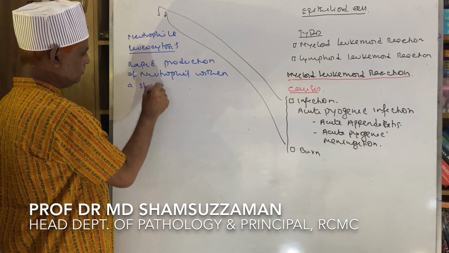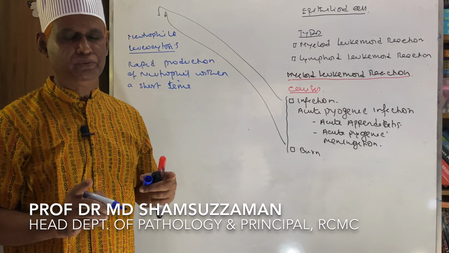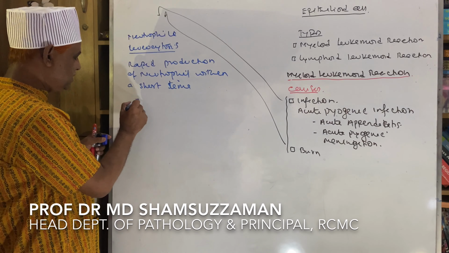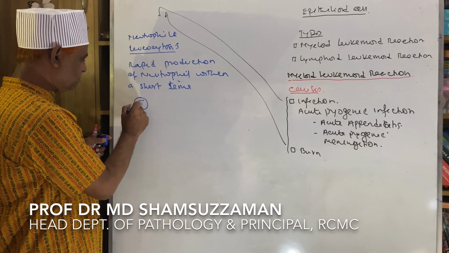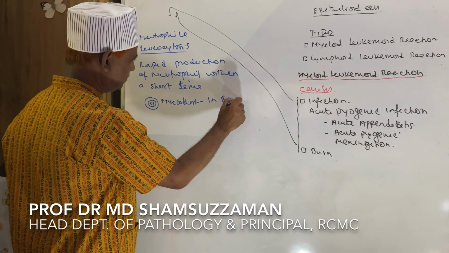Dear audience, you know neutrophil is derived from granulopoiesis. If you consider this is the myeloblast in bone marrow.